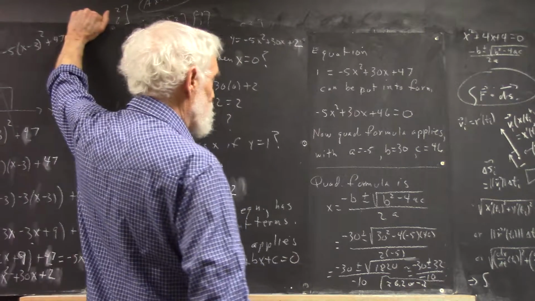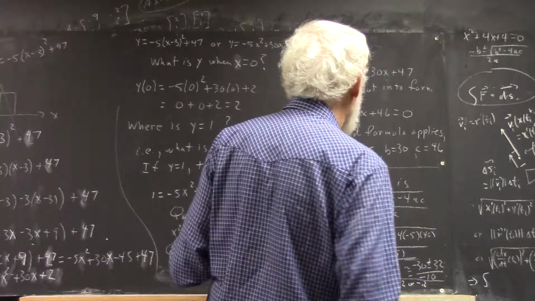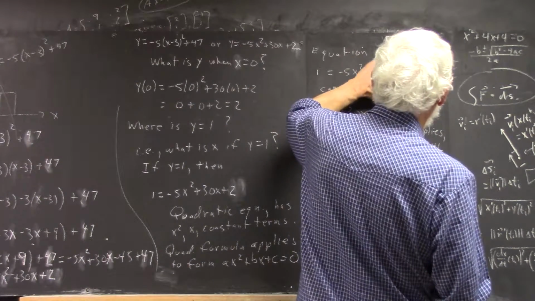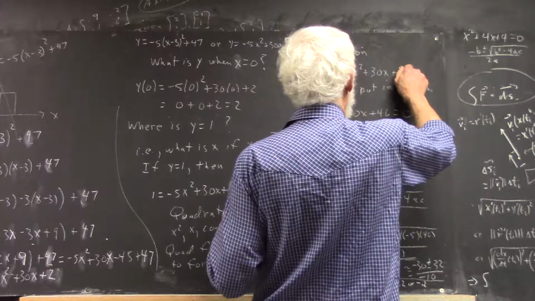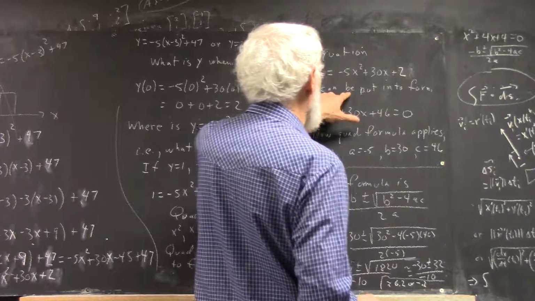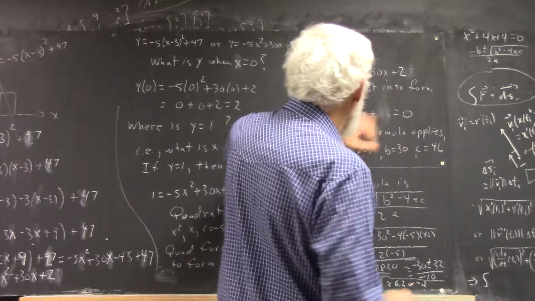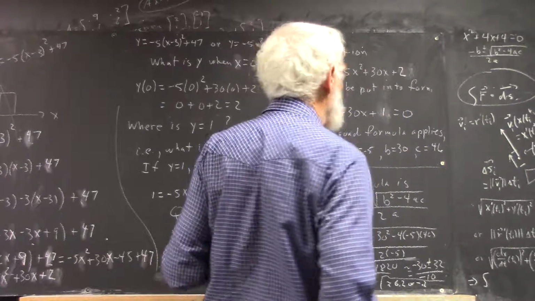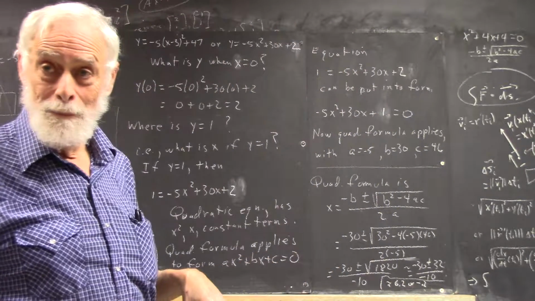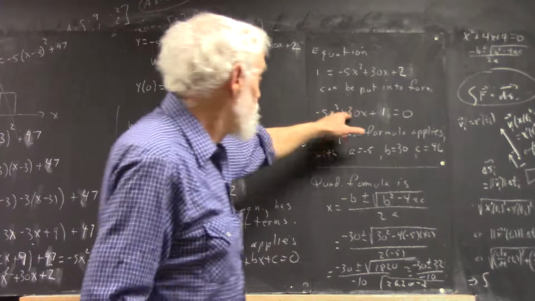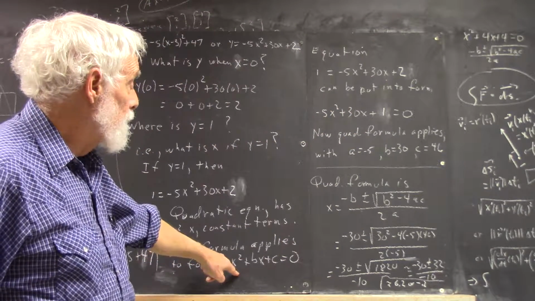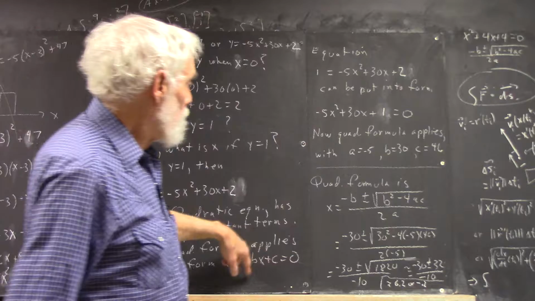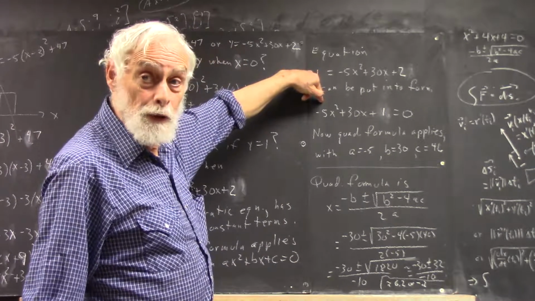And we get something over here, which again didn't make sense because I should have had a 2 here. Okay, that can be put into the form where this is plus 1. Okay? Now this is in the form of a quadratic, so the quadratic form, this is in quadratic form.